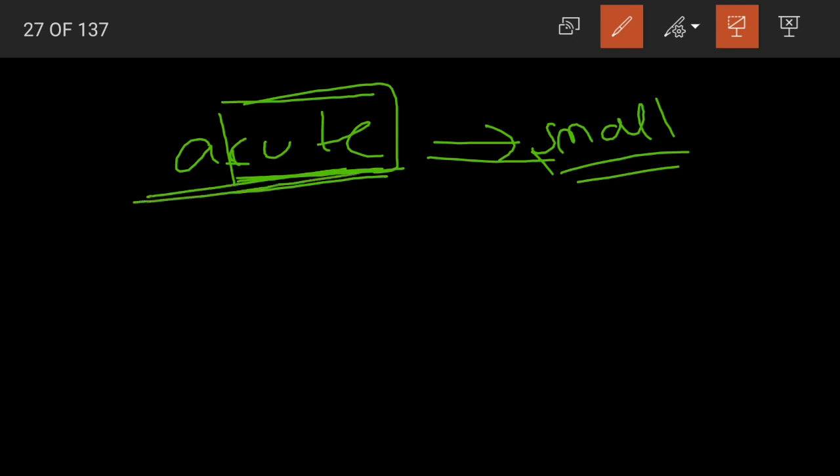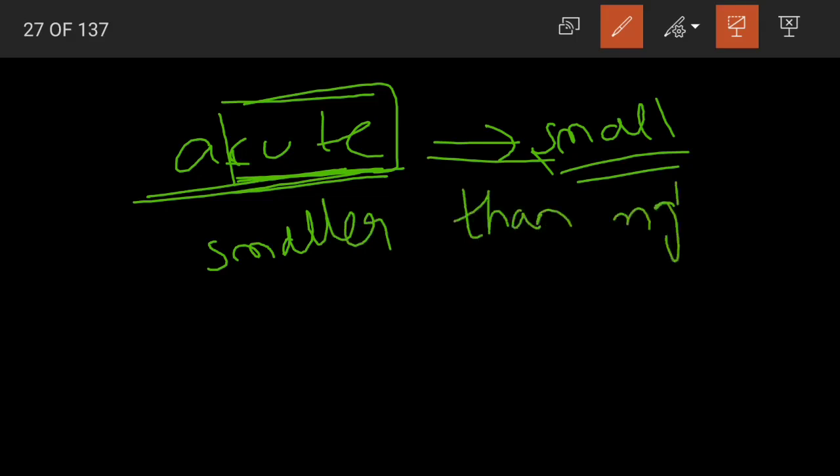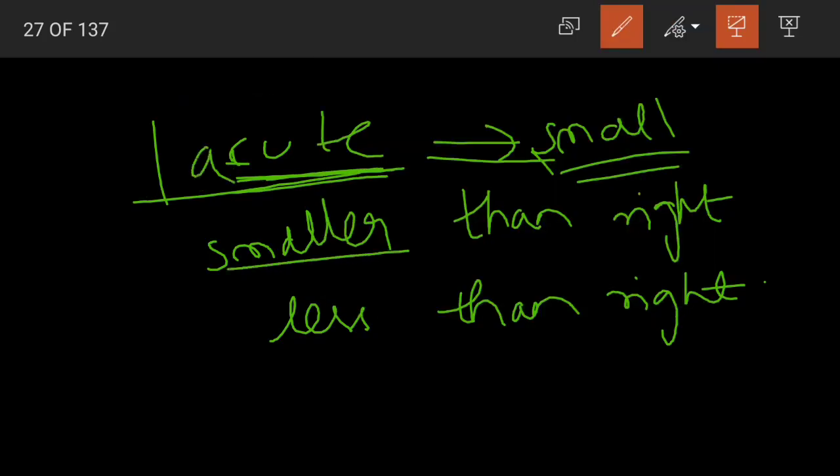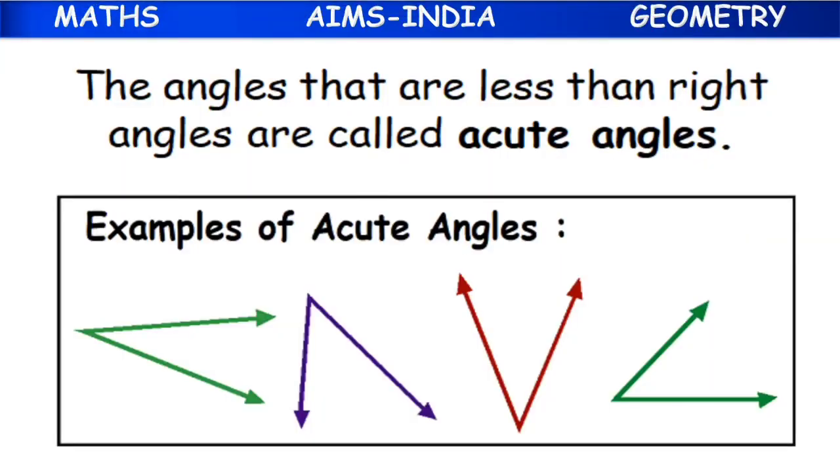So acute angles are those angles that are smaller than our right angle, or that are less than our right angle. Is this clear, children? Acute is the word used for small things and small children. So acute angles are those that are smaller than our right angle, or in short, less than the right angle.